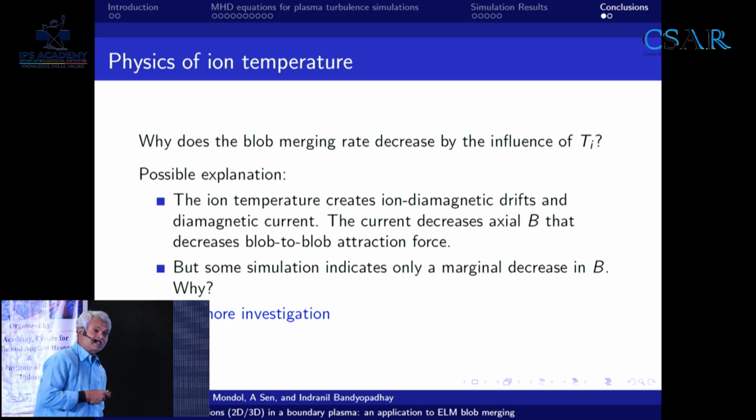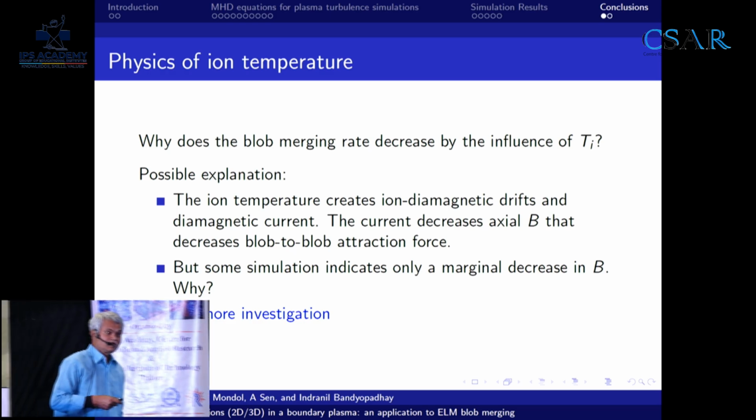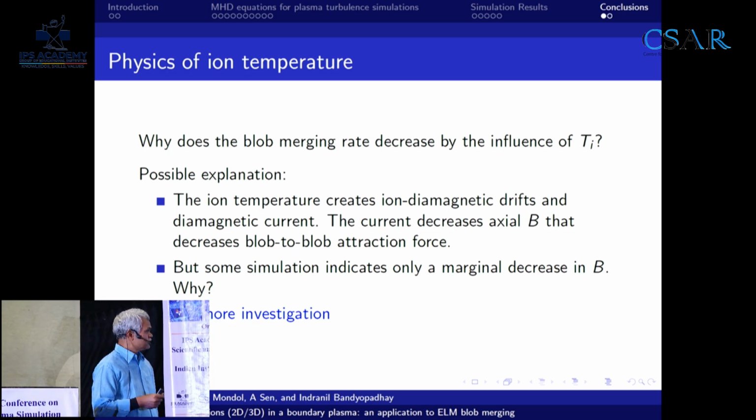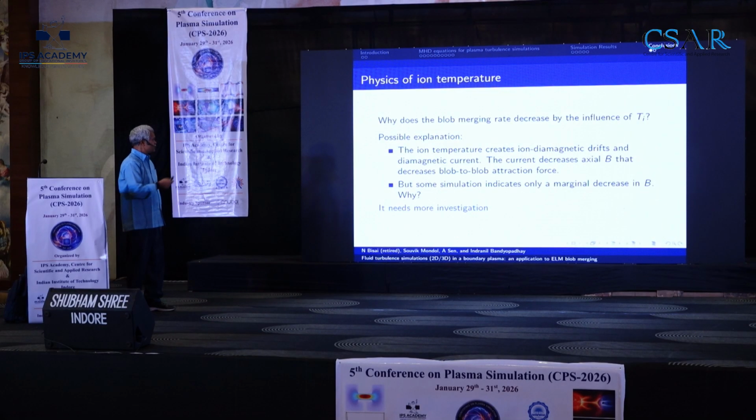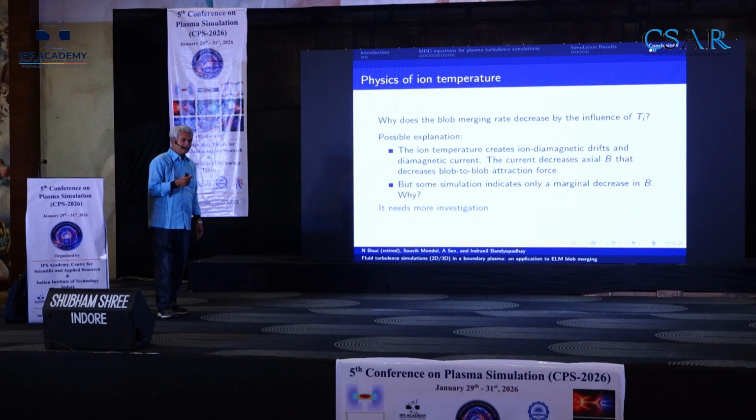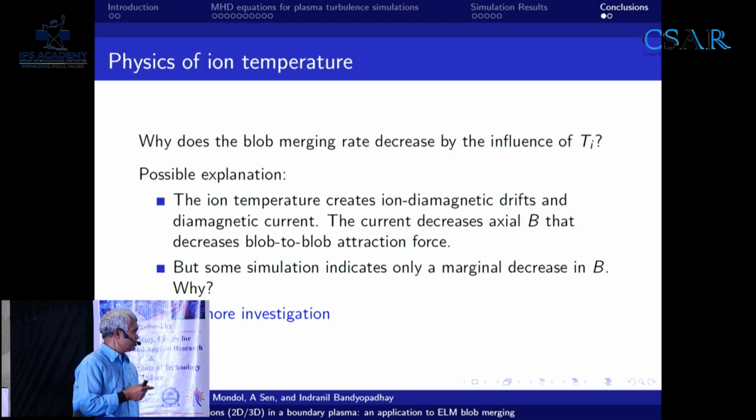Whenever there is ion diamagnetic drift, the blob is axially elongated, and azimuthally there is a current because of the ion diamagnetic drift, and this current makes an axial magnetic field. As the current density is very high, the axial magnetic field will also be very high.